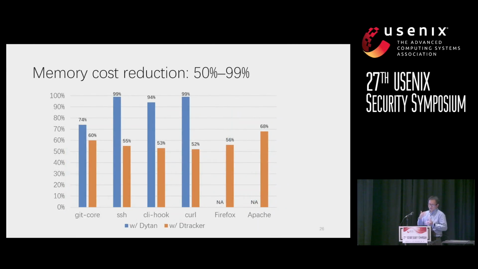We also reduced the memory cost by 50 to 99% compared with the previous systems, including Dtrace and dtracker. And actually, there are 2 cases, the Firefox and Apache cases, that Dighton could not complete.